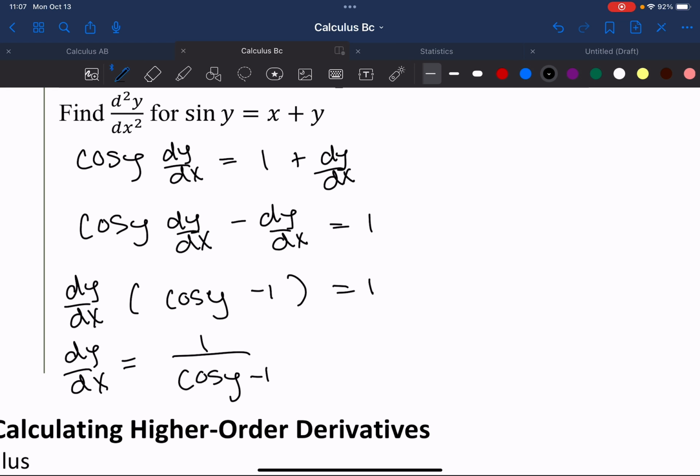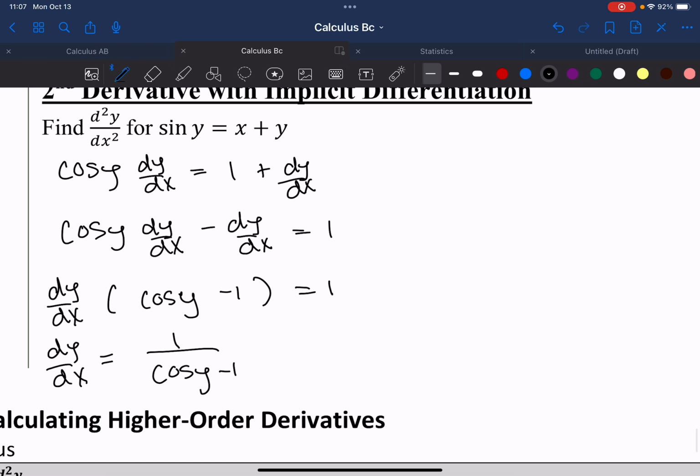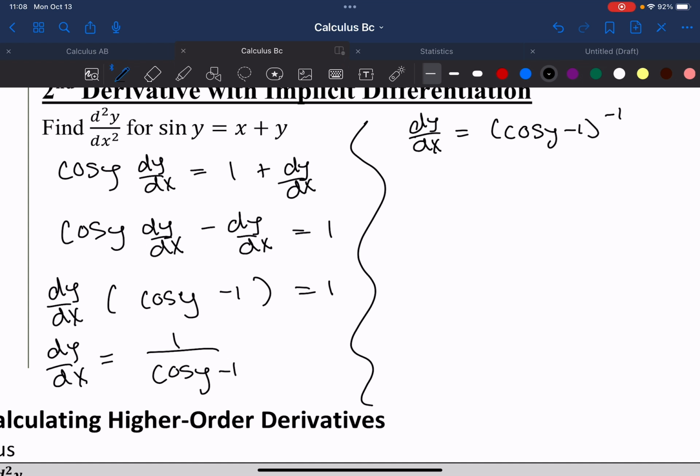That would be the first derivative. Now to find the second derivative, which means we are finding the derivative of the first derivative, we could rewrite this 1 over cosine y minus 1. So dy dx can be rewritten as cosine y minus 1 to the negative 1 power. That makes it easier for me to take the derivative.